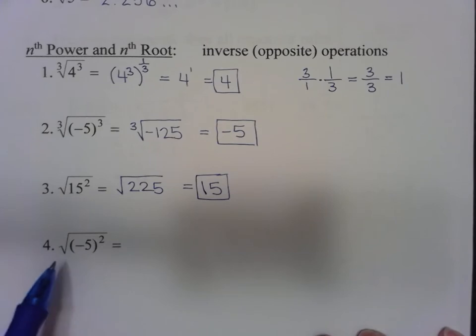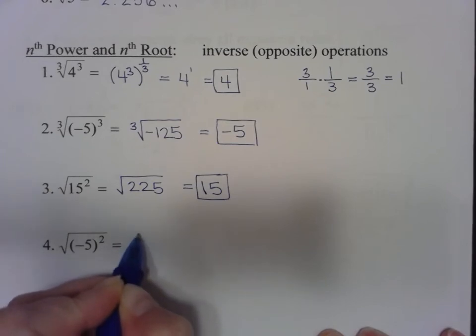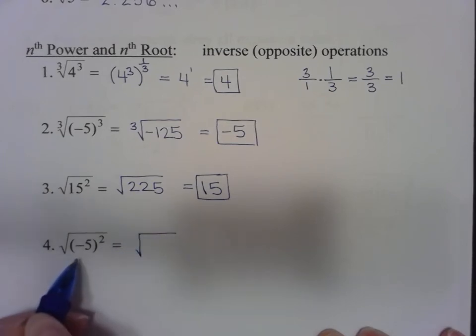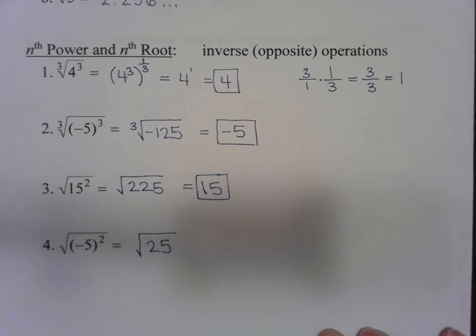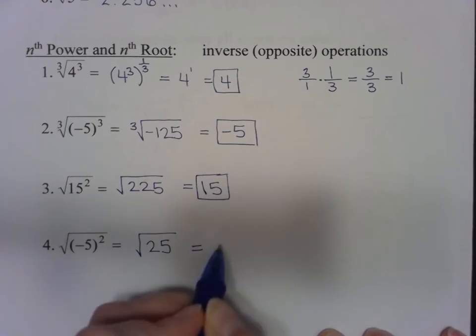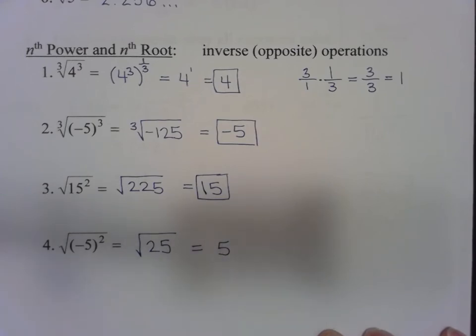This is the one exception to that rule. When I take the square root, remember I can only take the square root of something positive, and when I do that, the result is something positive. So I'll take the square root, negative 5 squared gives me positive 25, so I am able to take the square root, but I don't get negative 5, I get positive 5.